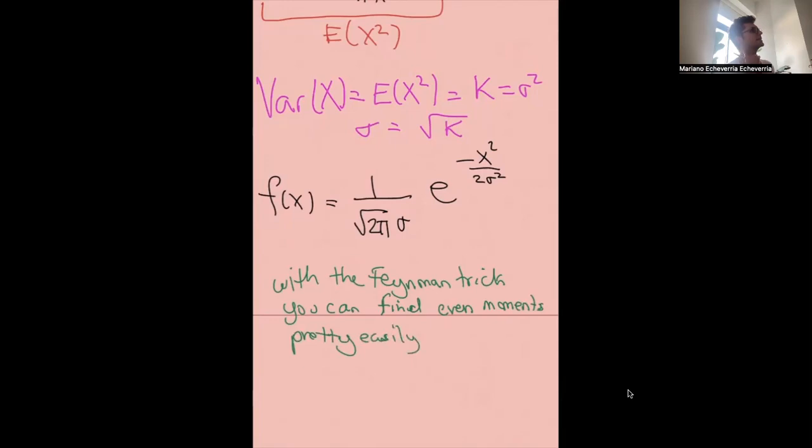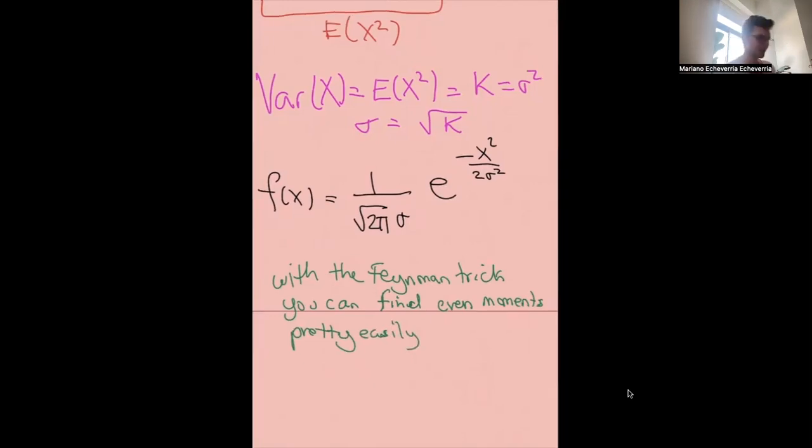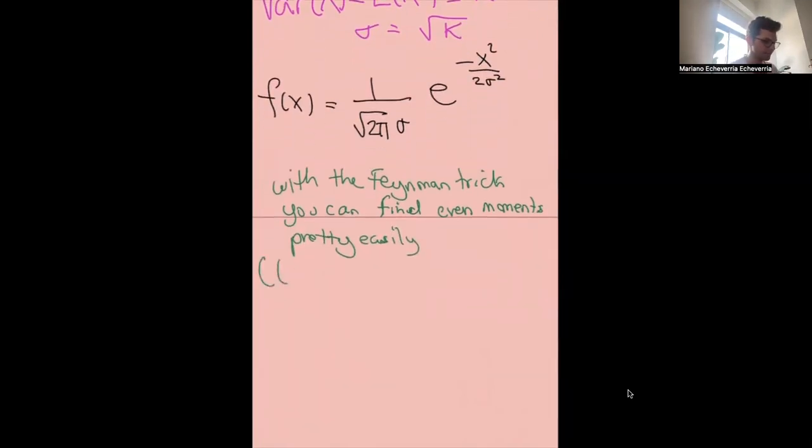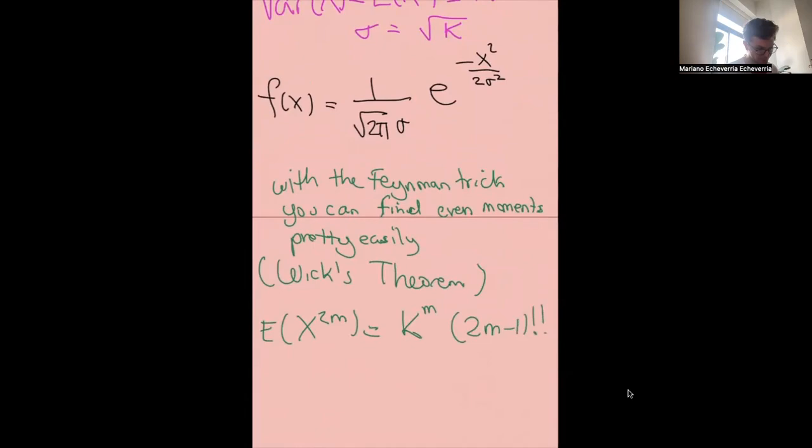And you get, I mean, this is a baby version of what's called Wick's theorem: the expectation of the even moments is just k to the m times the double factorial of 2m minus 1.